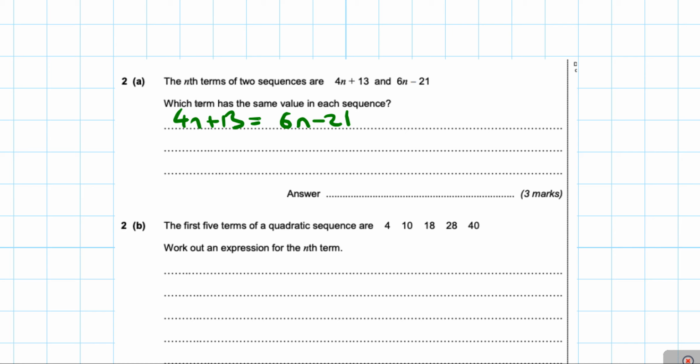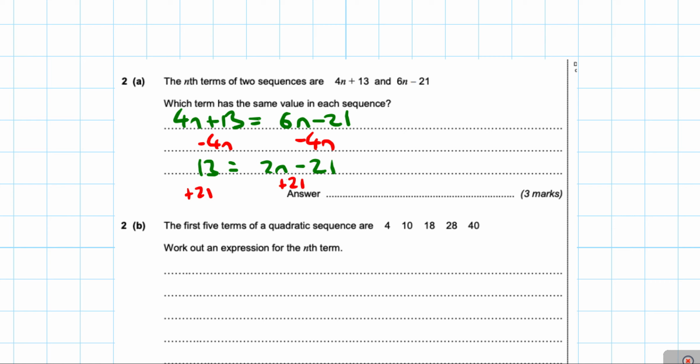So once we get to here, the first thing we do is rearrange the equation. We're going to put n on the right hand side this time because it's got the bigger number. So we're going to subtract 4n from either side. If we subtract 4n, we get 13 equals 6n minus 4n is 2n, minus 21. Then we're going to plus 21 on both sides.